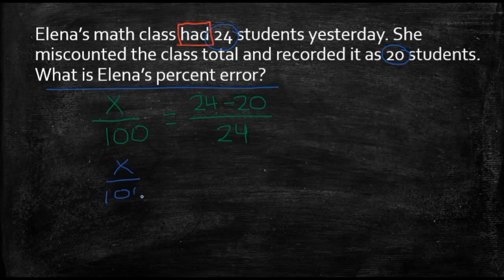We have to transfer our x and 100. So 24 minus 20, you should get 4. And then underneath you will have your 24. I just dropped all this stuff down here. I did the math, 24 minus 20, and we have that. Go ahead and pause the video and solve this. Come back and check your answer.